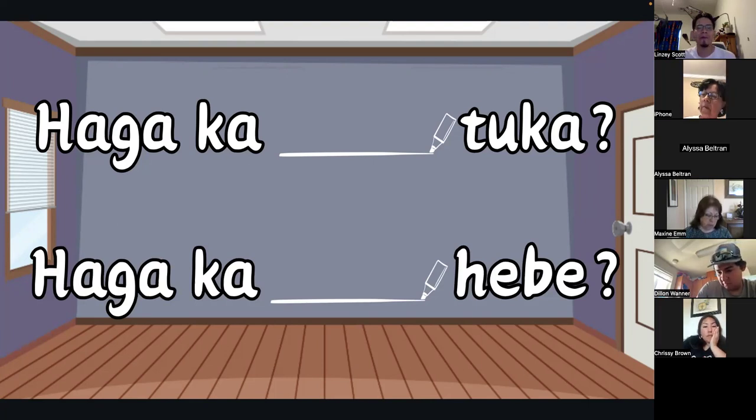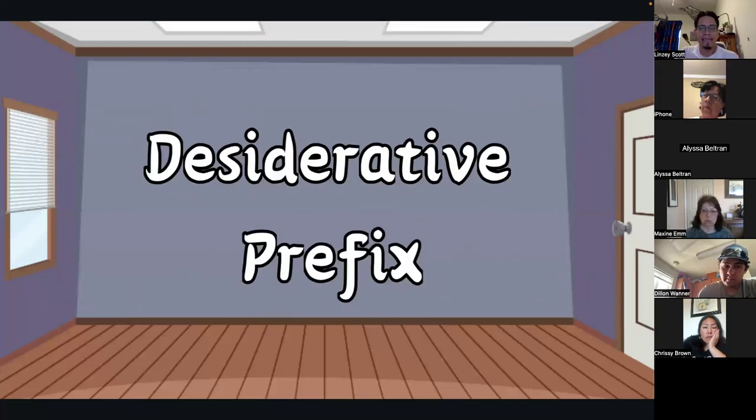Today we're going to continue the topic of eating and drinking, but we're going to add prefixes to these two verbs. Remember, the verb duka means to eat, hibi means to drink. There are some prefixes you can add to these verbs and other verbs which indicate desire.